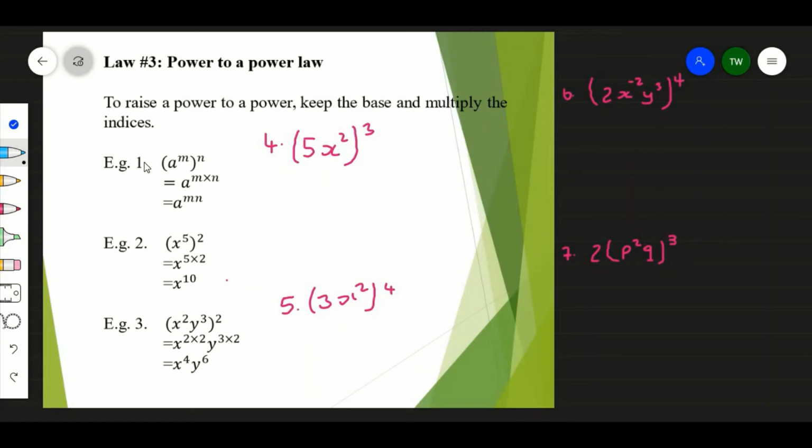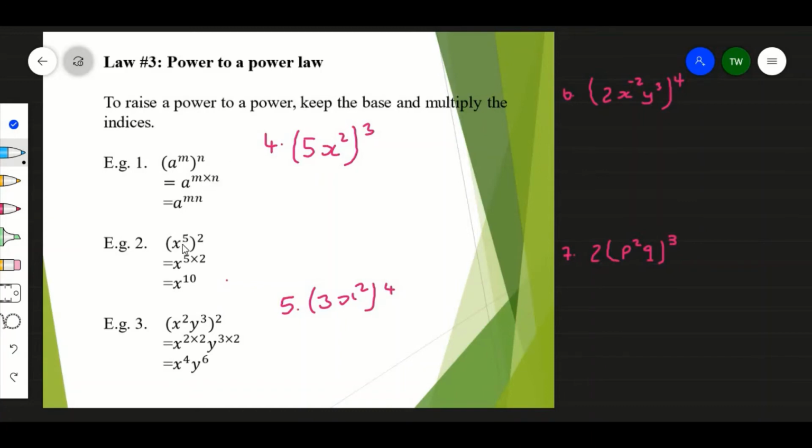So example number 1, we have a to the m in brackets raised to the power of n. We take this n to multiply the m, so it gives us a to the m times n, which gives us a final answer of a to the mn without the multiplication sign.